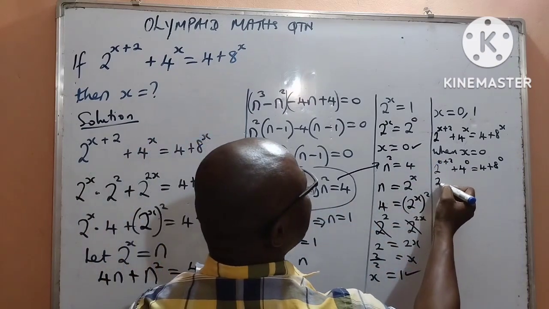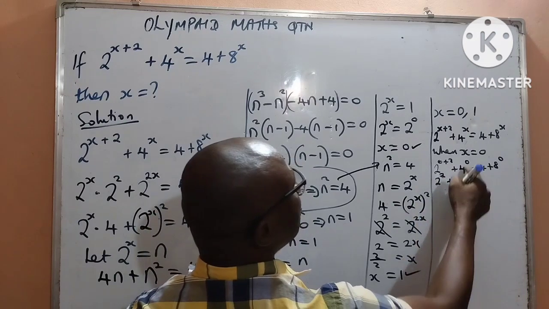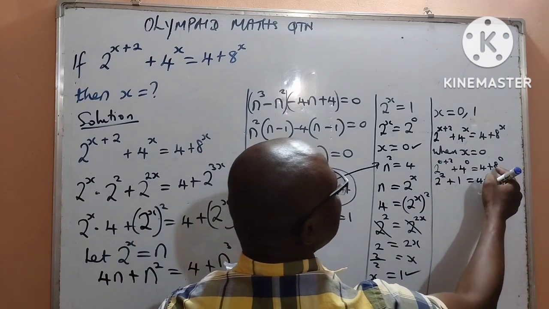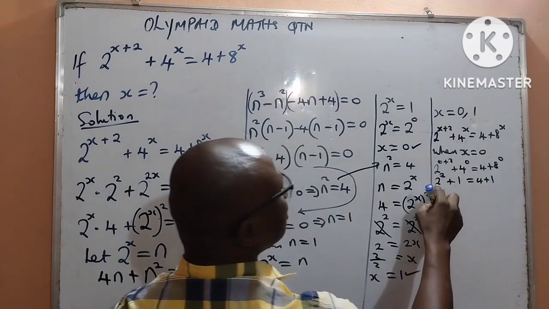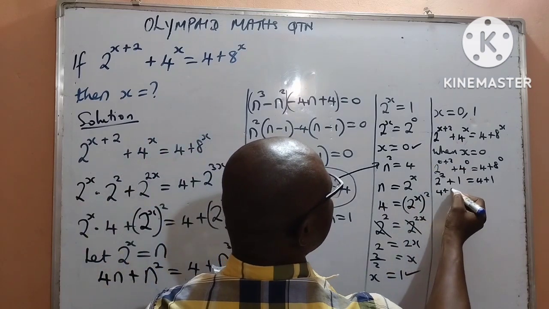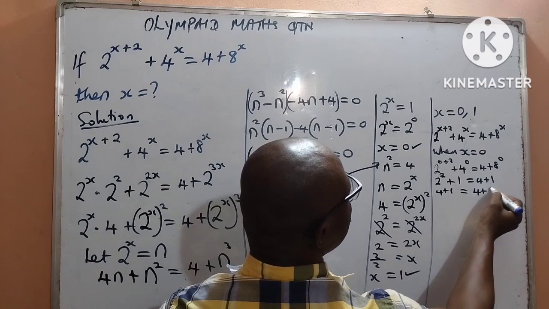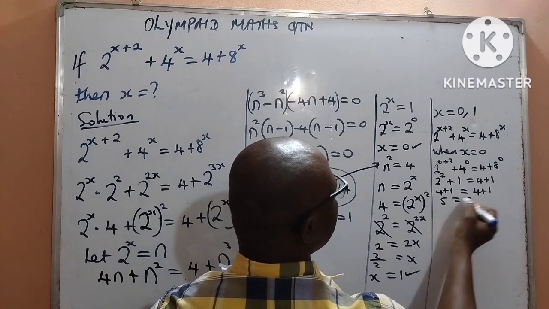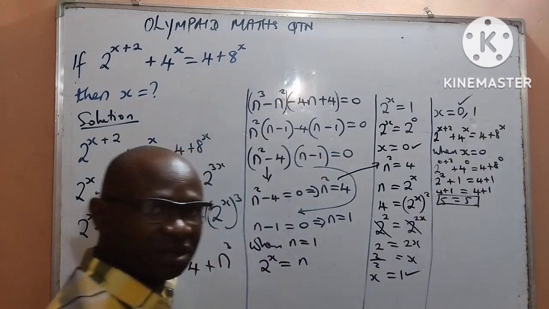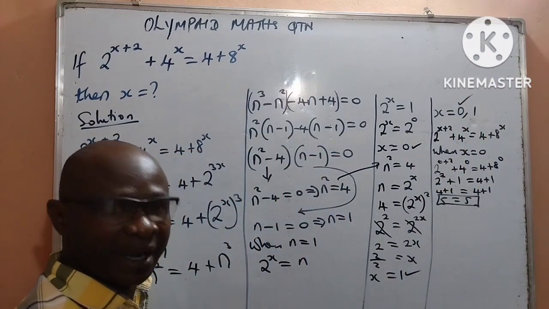And therefore 2 to the power 2, then 4 to the power 0 is 1. Is it equal to 4 plus 8 to the power 0, which is 1? So 2 to the power 2 is 4. Giving me 4 plus 1, is it equal to 4 plus 1? Yes. 5 is equal to 5. First answer is very correct. The two sides of the equation are equal.